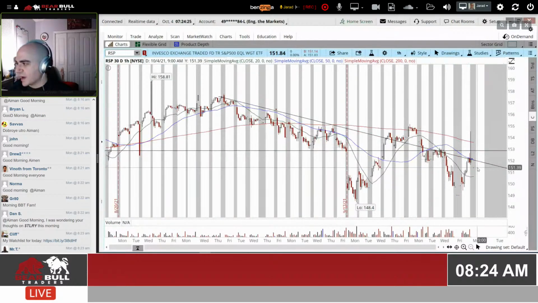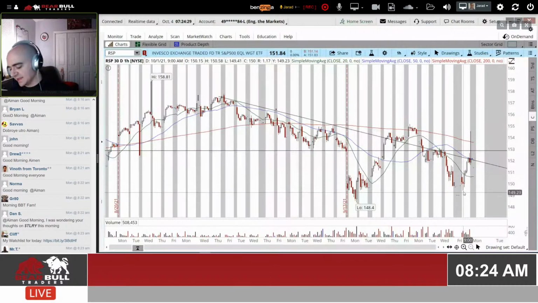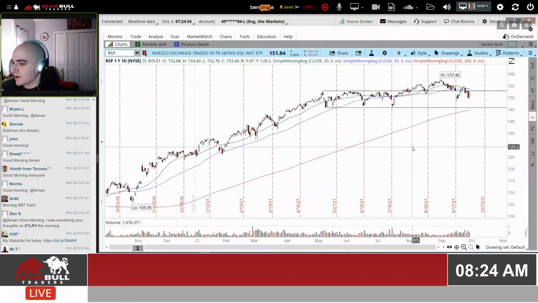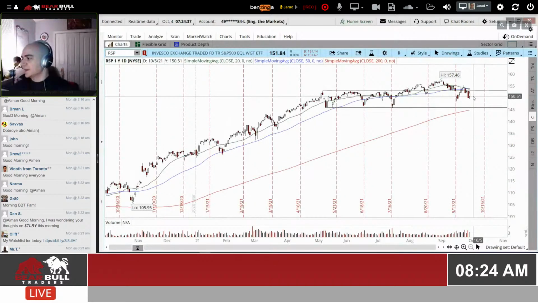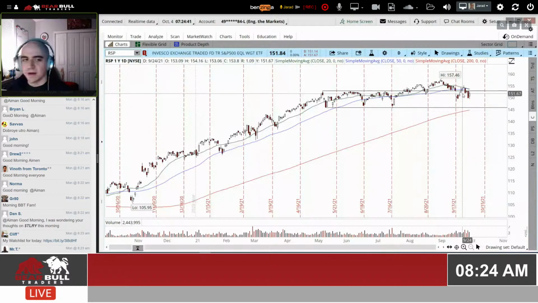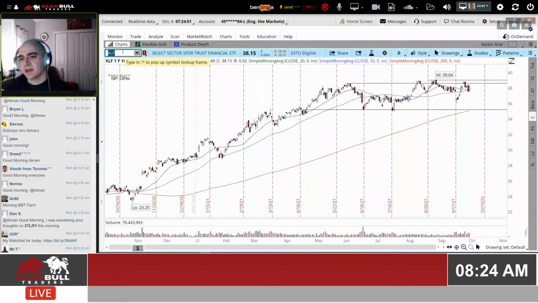So if we see breadth starting to recover, maybe a bullish breakout in this ETF, then we can start to see maybe some sectors holding better than others. Even if tech is selling, or even if tech is not performing well, healthcare can alleviate some of the downside selling pressure. We also know that financials are still relatively bullish.